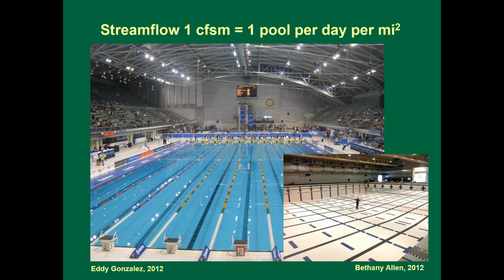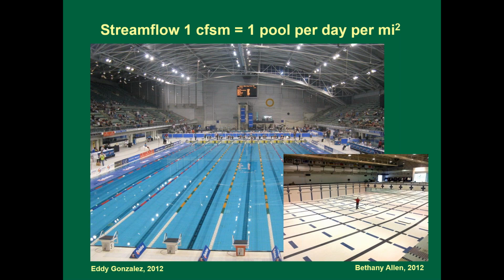In SELDM we do area-normalized flows, so it's in cubic feet per second per square mile. One cubic foot per second is enough to fill an Olympic-sized pool in one day. So we can fill one pool per day per square mile at this rate.